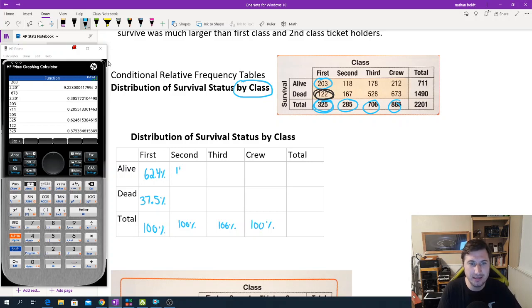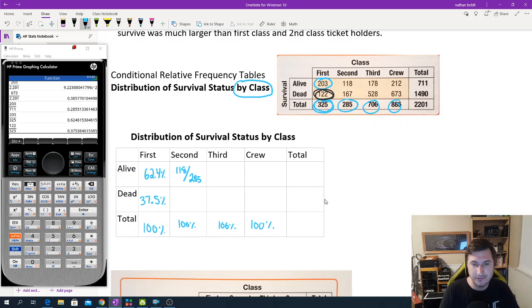This will be 118 divided by 285. I'd recommend you pause the video here, finish filling out this table, and make sure you can see how a conditional relative frequency table is made. I will show you the answers here in just a second. All right, hopefully you did that.